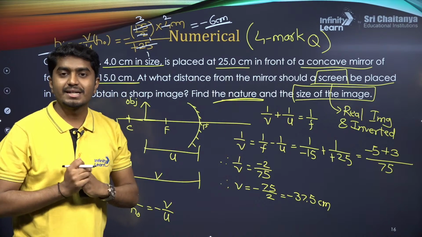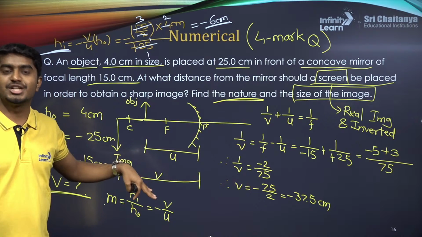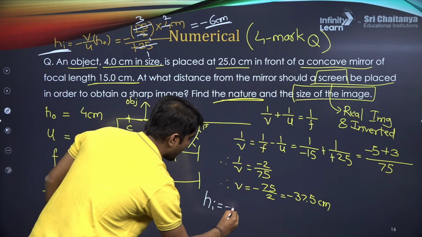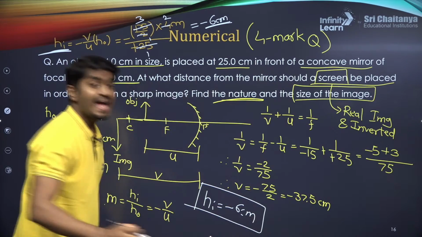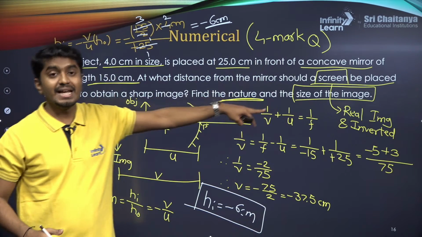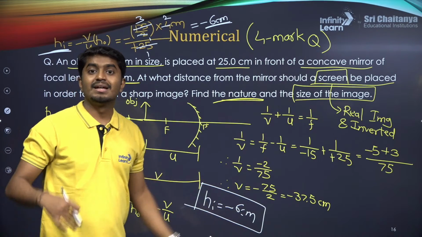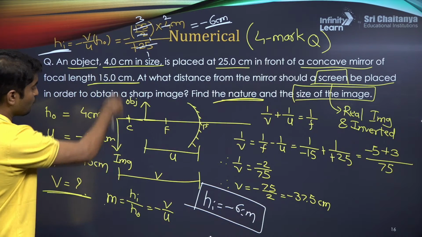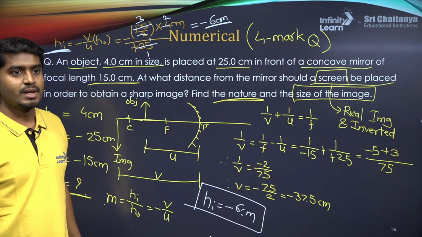So what does that tell you? It tells you that the image is enlarged. So height of the image is minus 6 centimeter. That means the image is enlarged. It is real and inverted. So again, there is a minus sign here. That means the image is inverted. There is downwards. You measure the height below the principal axis.